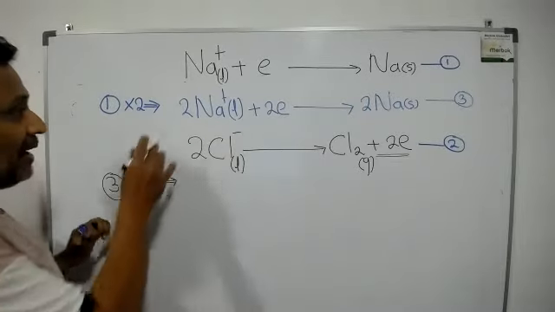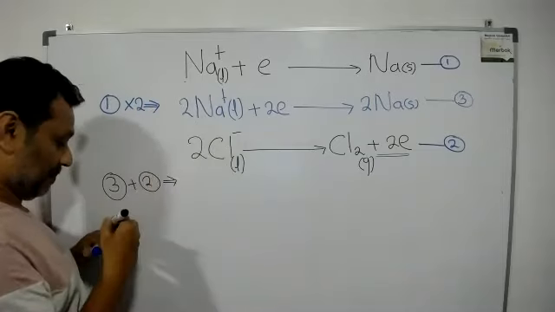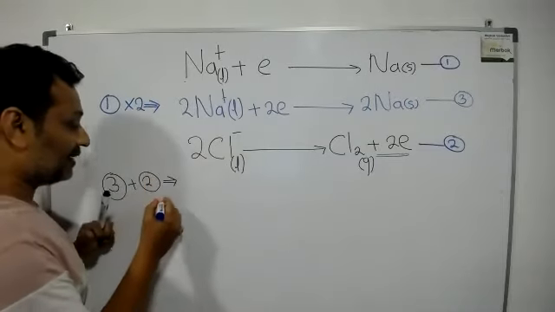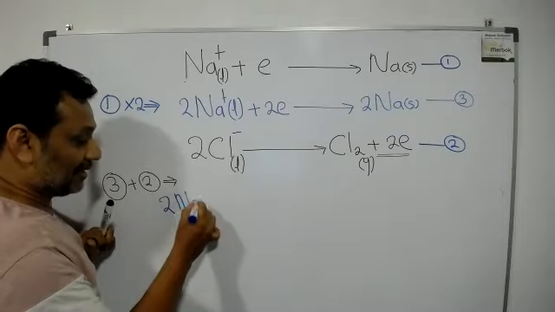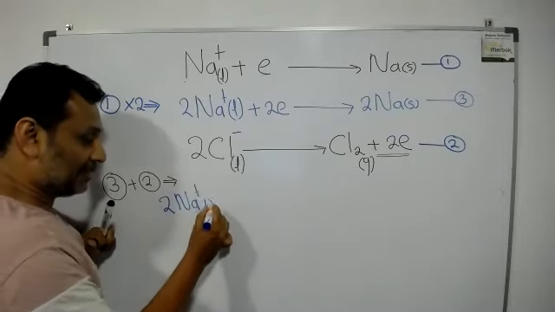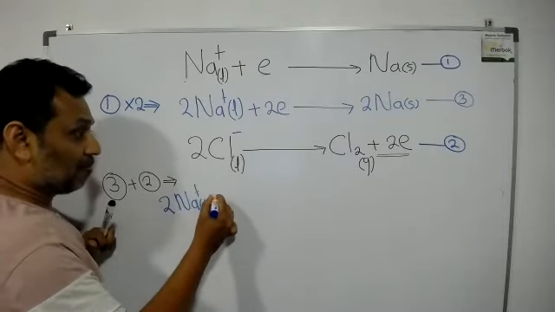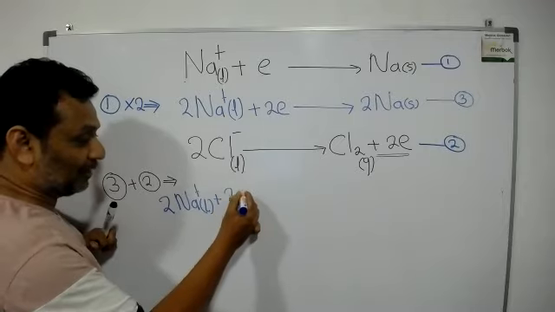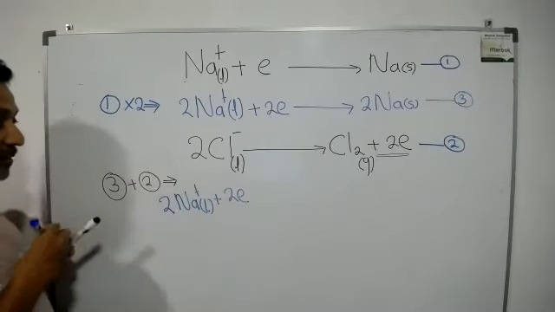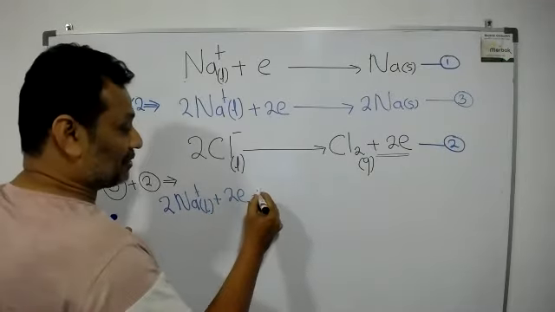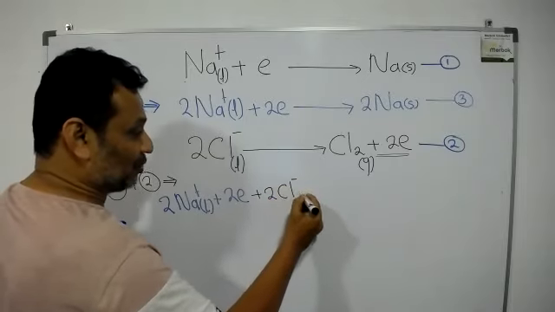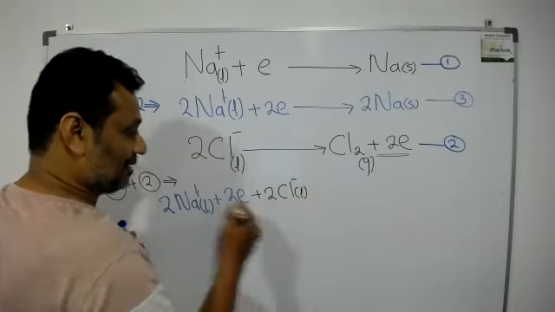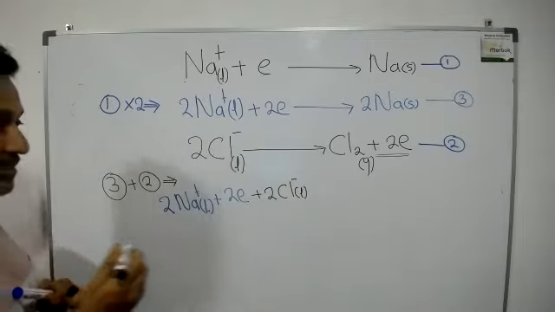I am adding the left side. What is on the left side? 2Na plus liquid plus 2 electrons plus 2 Cl minus liquid. They are the left side parts.